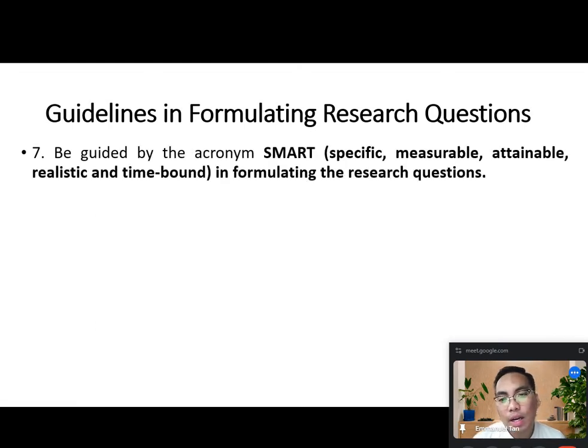Now, plus, it has to be smart. S for specific question. M for measurable. As a researcher, are these variables measurable? Kaya ba ninyo yan ma-measure? Kaya ba niyang masagot?